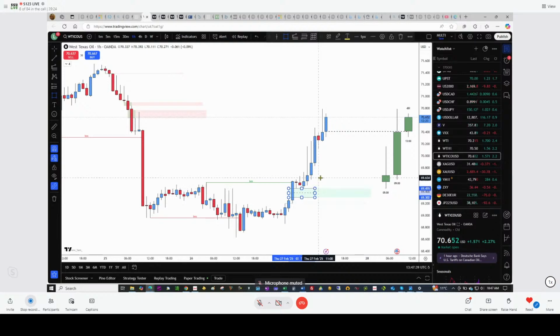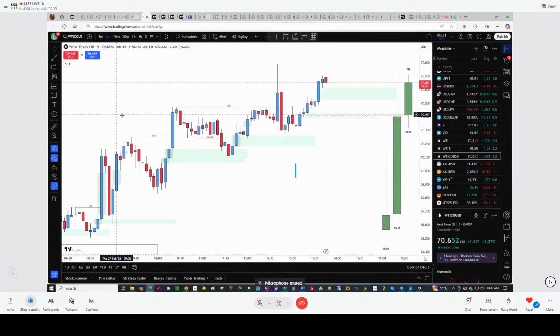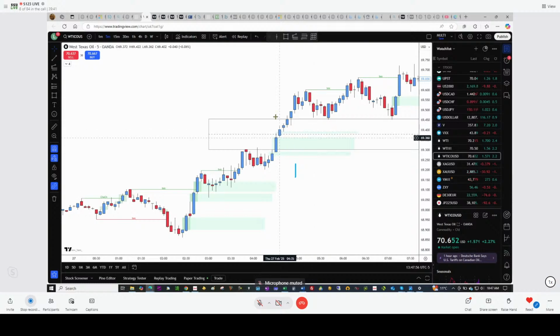So once this candle closes, we have a gap on the hourly. So you can just drop right down to the 5 minute and find that spot on your hourly and look for an entry. You see how we hit it twice and then bounced off.